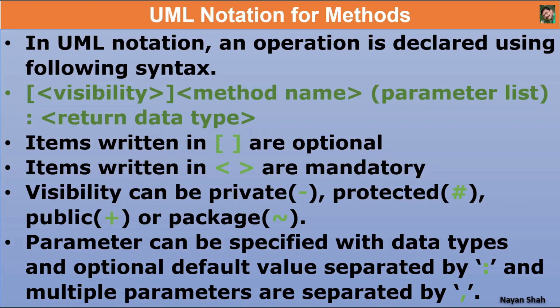Again, here square bracket things are optional, and things written within angular brackets are compulsory, and visibility also the same. Parameters, that is what you write in round brackets after the name of the method. So a parameter can be specified with data types and an optional default value separated by colon, and multiple parameters are separated by comma.